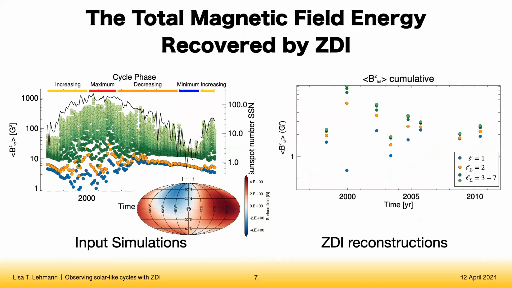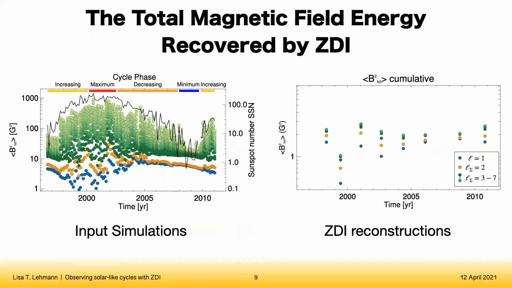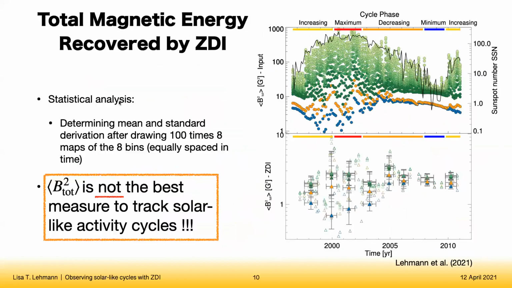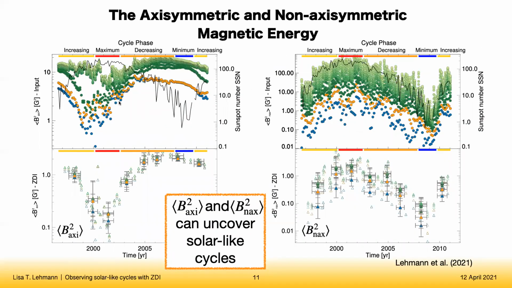So it would be worth, even for the faster rotators, to decompose into the different ell modes to check if they are behaving in the same manner as the Sun, or if they don't. But we have to keep in mind at which resolution we are looking with the ZDI maps.